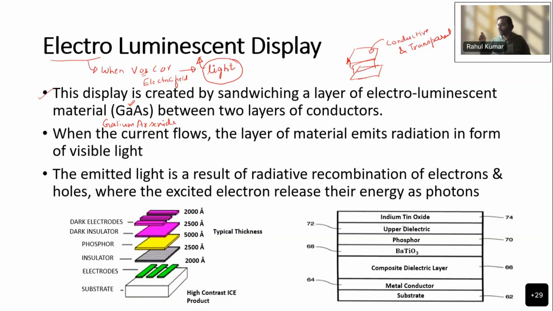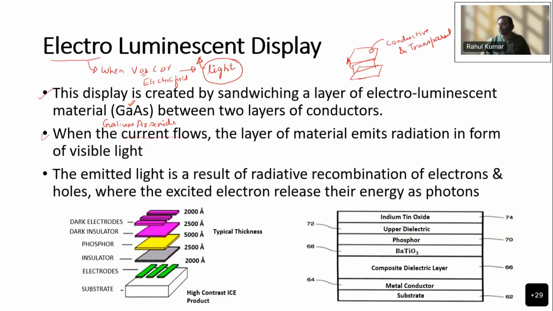So along with conducting the electricity, it will be transparent as well. Okay, so when current flows through the layer of material, it emits radiation in the form of visible light.